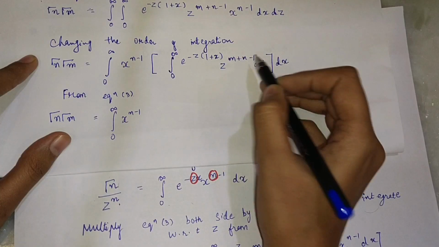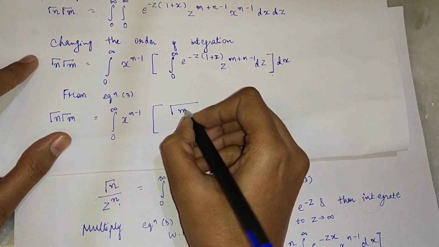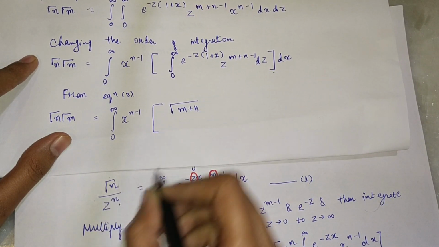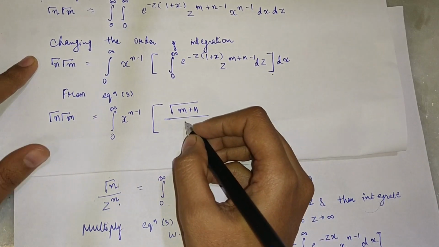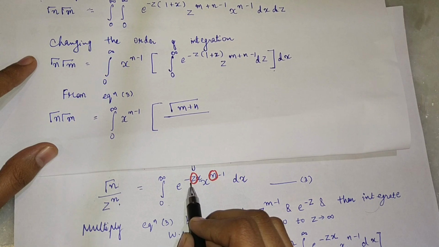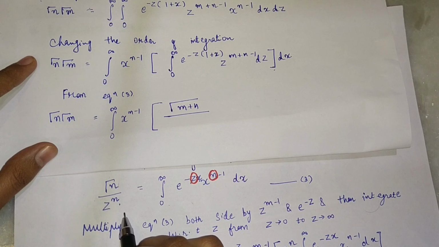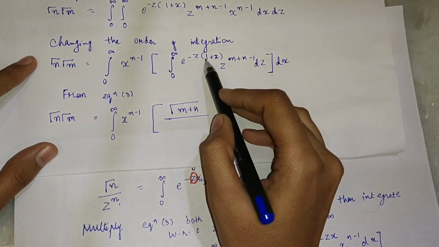So you have to write this in the numerator part as gamma n, because here it is gamma n, upon whatever is with x you have to write in the denominator part. Whatever is present with the z, you have to write in the denominator part. So here we have 1 plus x.